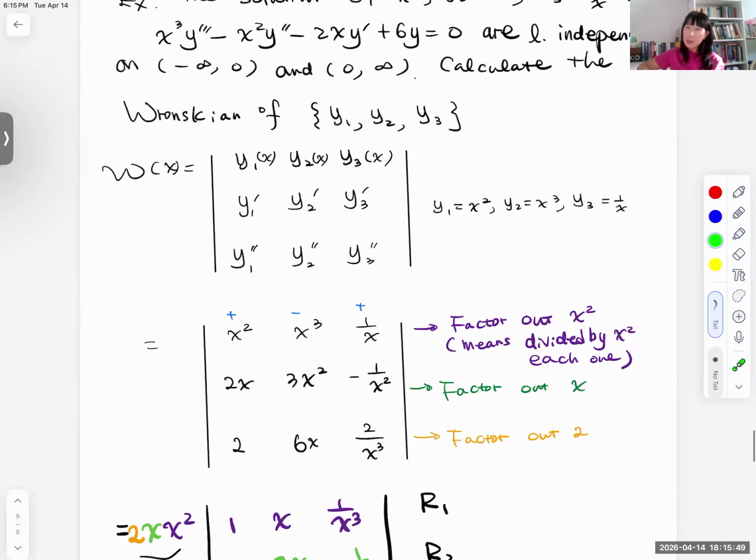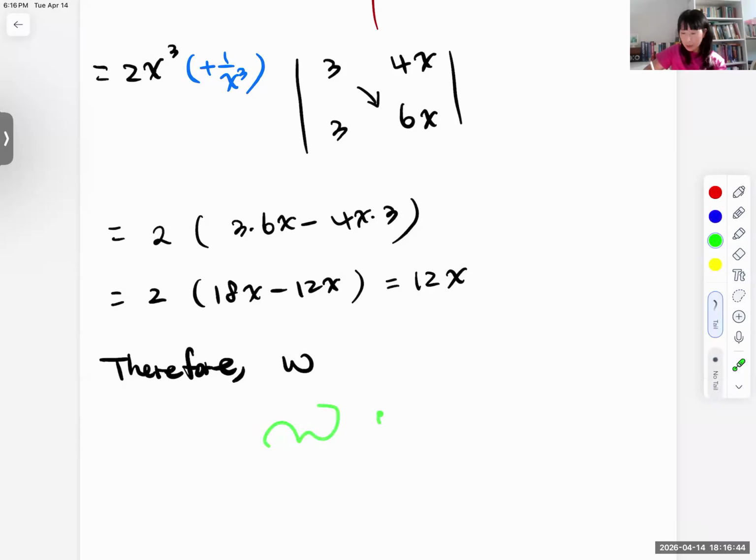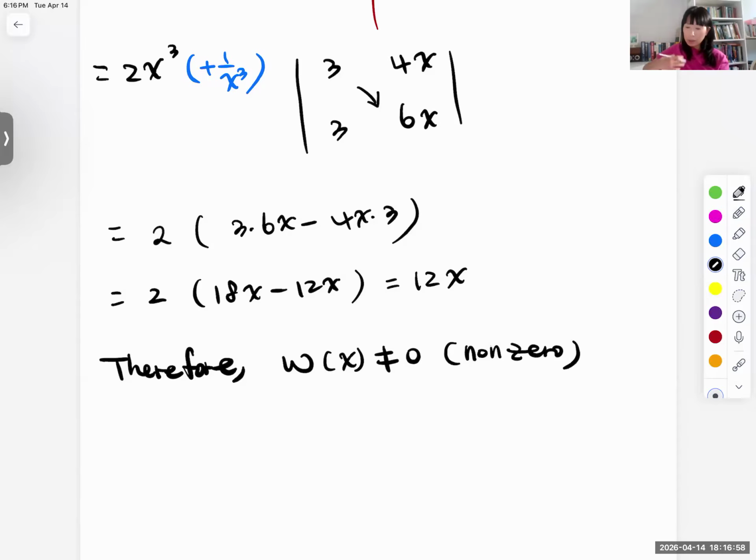So therefore we show that the Wronskian, W, is not the omega, because we're using W from Wronskian, the first letter W. Omega is a little bit fancy. Okay. x is not equal to 0, non-zero. Non-zero, that means we have a non-zero Wronskian, right?